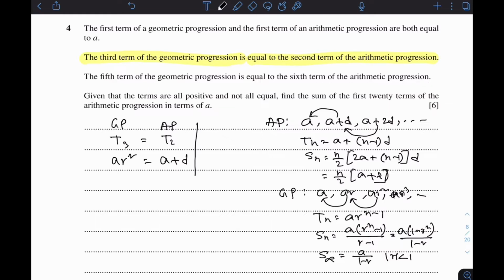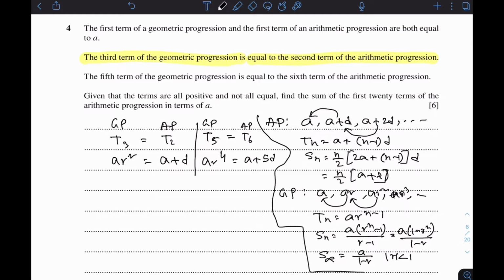So the fifth term we can write T5 in GP equals the sixth term T6 in AP. So we can write here A r to the power 4 equals A plus 5D.